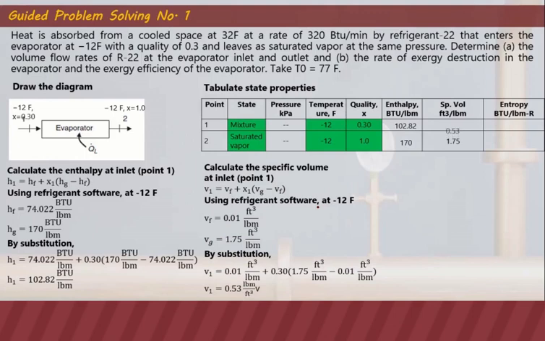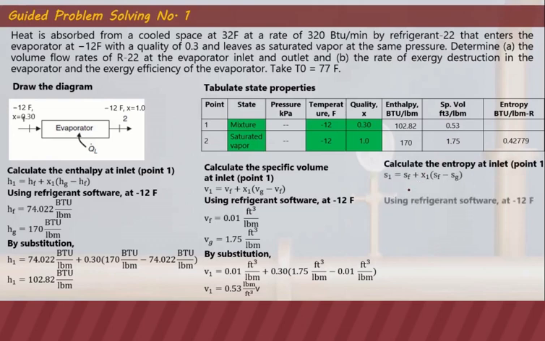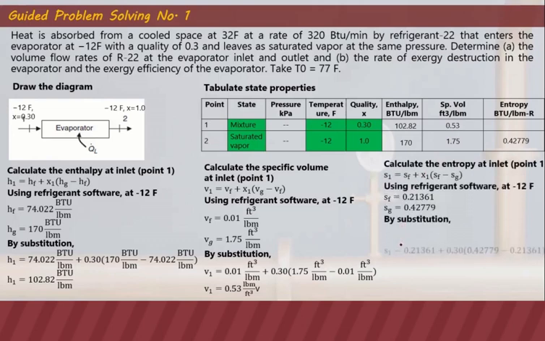And finally, since entropy is also needed because we are to look for the rate of exergy destruction, we also have to get the entropy. For the saturated vapor, we can use the software immediately. And for the entropy at point 1, we will use the formula. Using the same method, we get the entropy at point 1 to be 0.28.